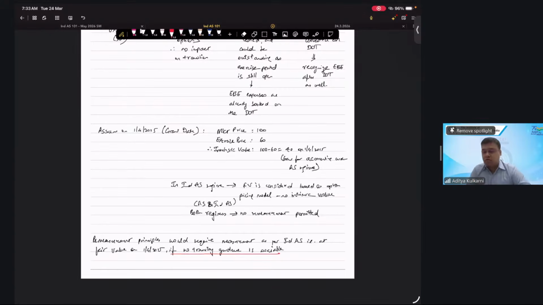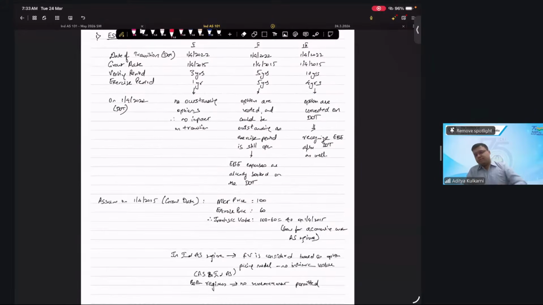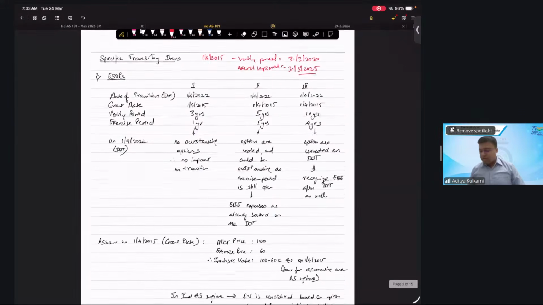Third scenario, even though you are in the middle of the vesting period, you still have to carry the SBP reserve at fair value. So, no exemptions. Use the best available fair value for the accounting in the vesting as well as in the exercise period. So that closes up ESOPs.